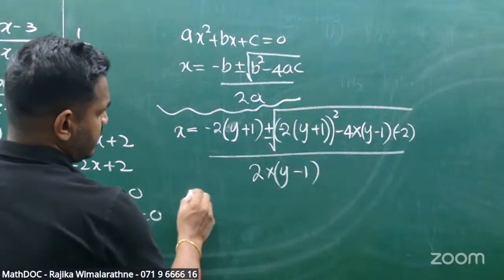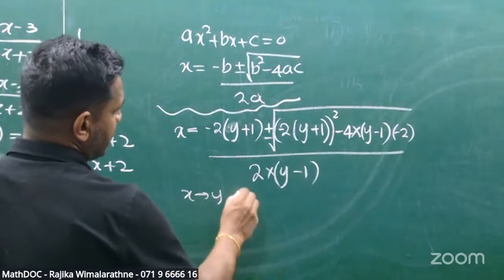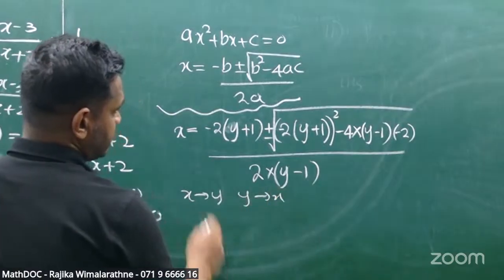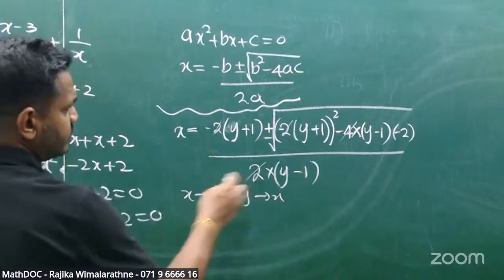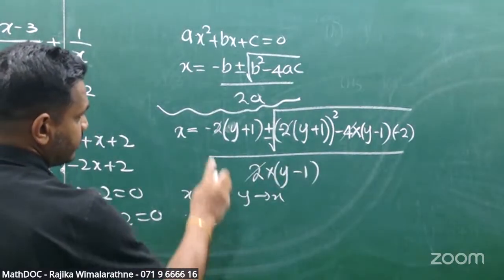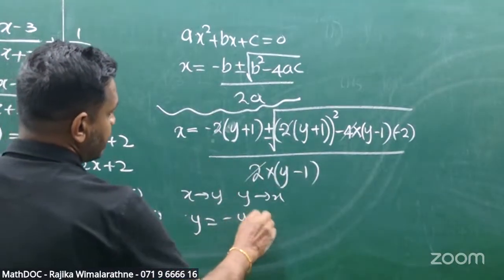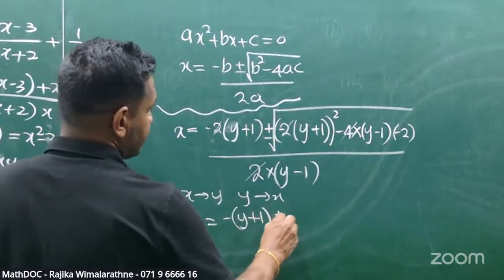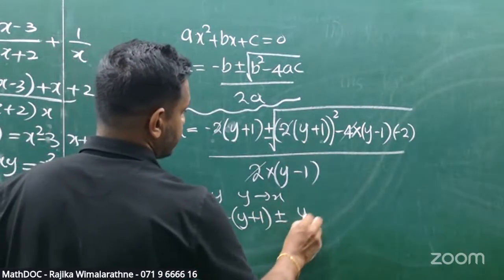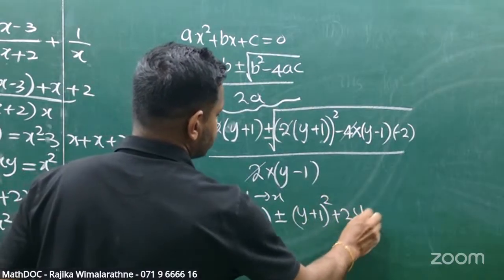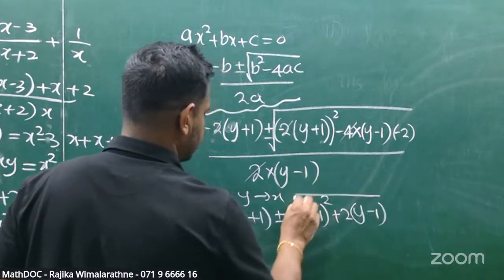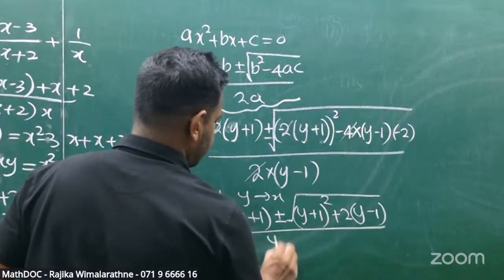Then here replace x by y and y by x. Then further you can cancel this common 2 term. Then y equals y plus 1 plus or minus the root of y plus 1 squared plus 2 times y minus 1, divided by y minus 1.